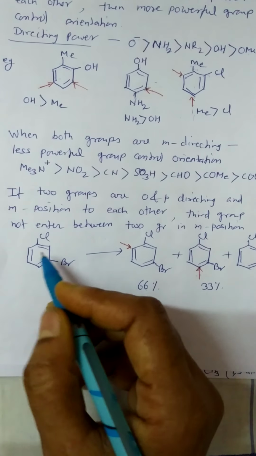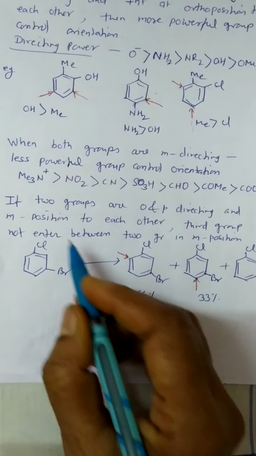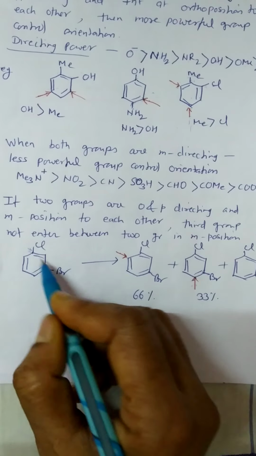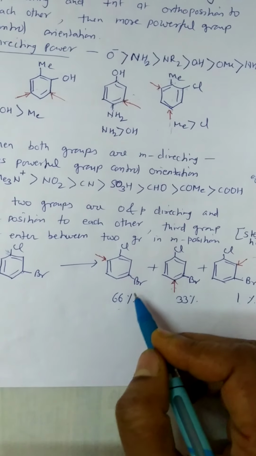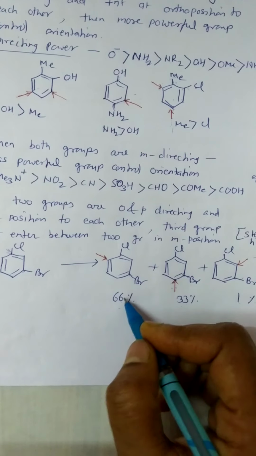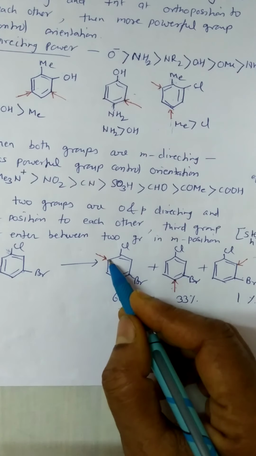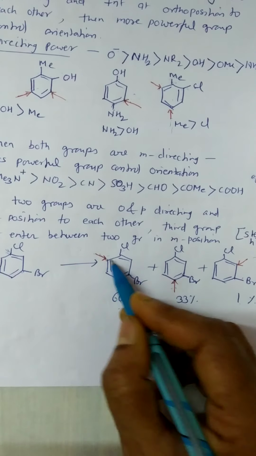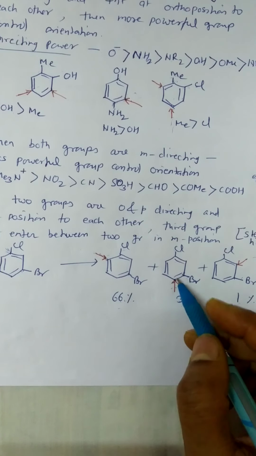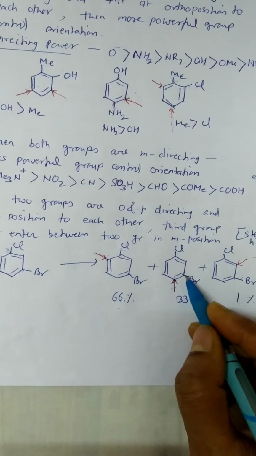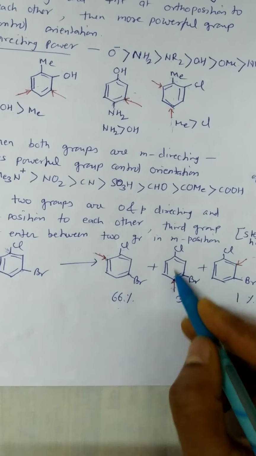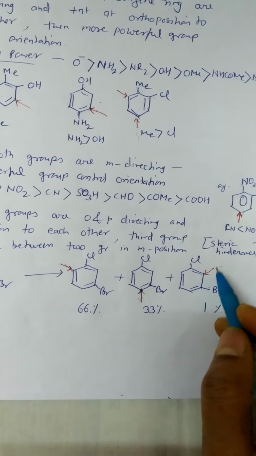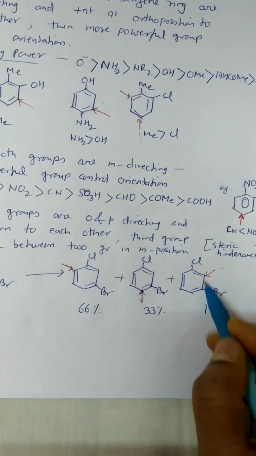Here, in the reaction of this compound where the two groups are ortho-para directing and meta position to each other, the 60% isomer of the tri-substituted compound is where the electrophile attacks at the ortho position of Cl group, 33% where the electrophile attacks at the ortho position of Br or para position to Cl, and a 1% compound is obtained where the electrophile enters between these two groups.